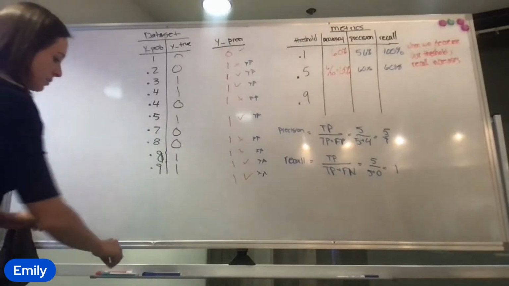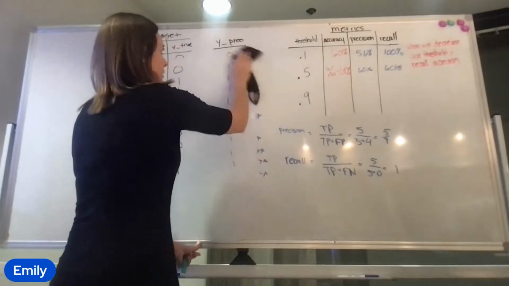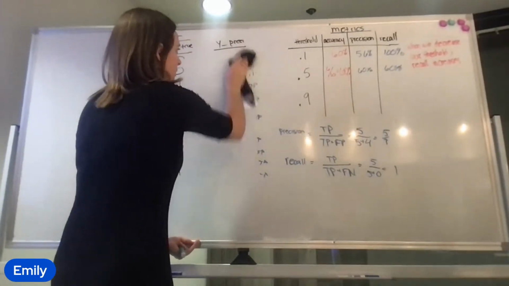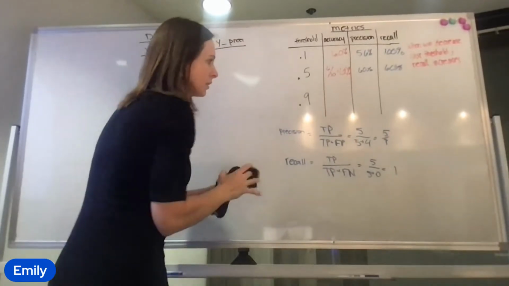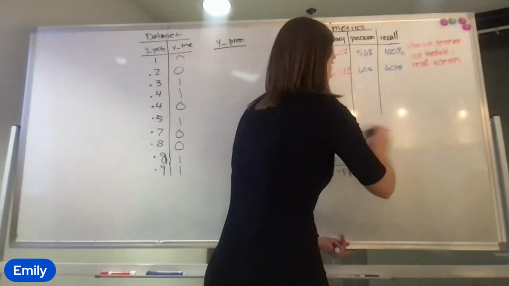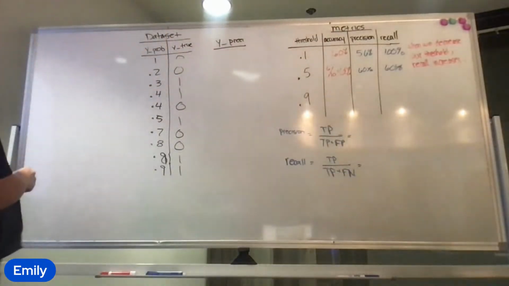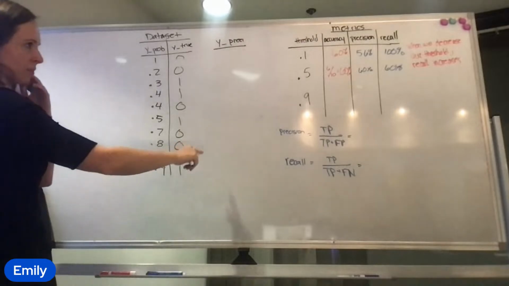All right, so let's erase this threshold. So let's move our threshold again. And notice we're not changing the model here.